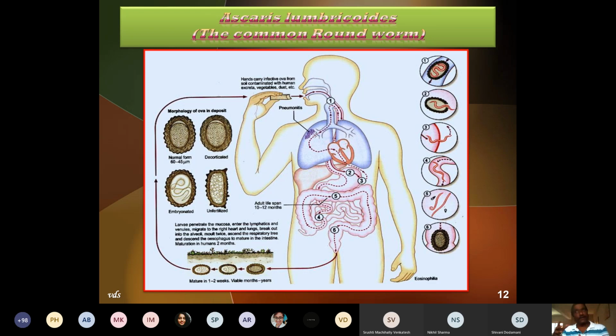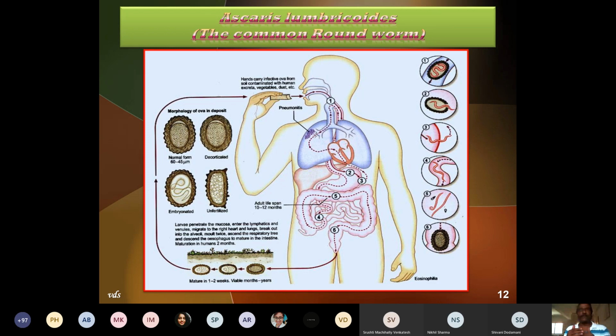Now, before getting infected, the egg has to undergo development, as I told. The first developmental phase is seen inside the egg itself, which is called the first molting, during which the ovum is ready to get converted into the larval form. It gets compact and ready for development.